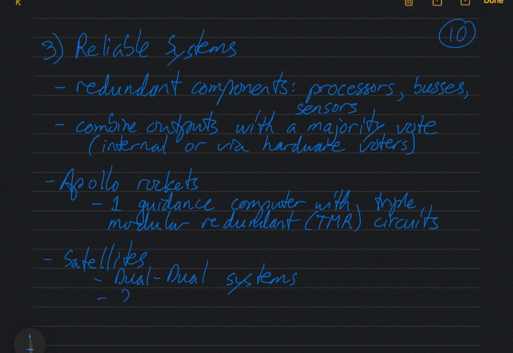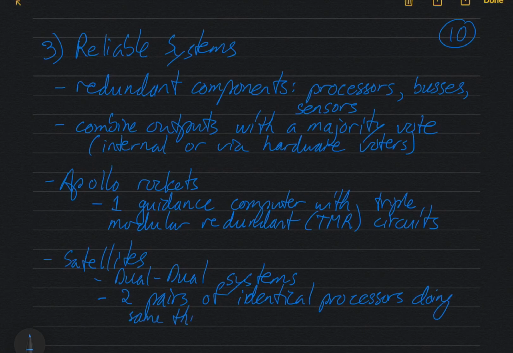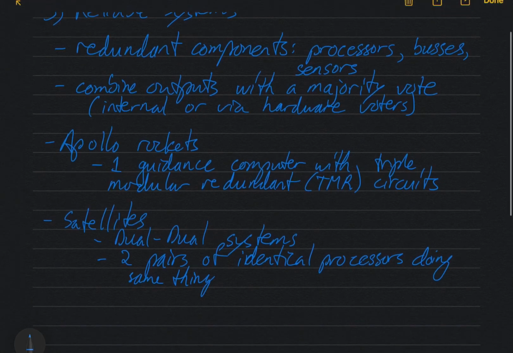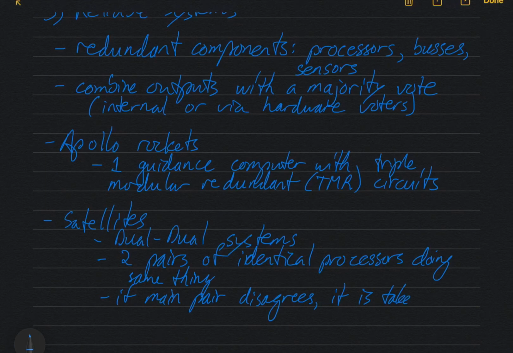So 2 pairs of identical processors doing the same thing, the same calculation, and if the main pair disagrees, it is taken offline, and the other pair take over doing the calculations.